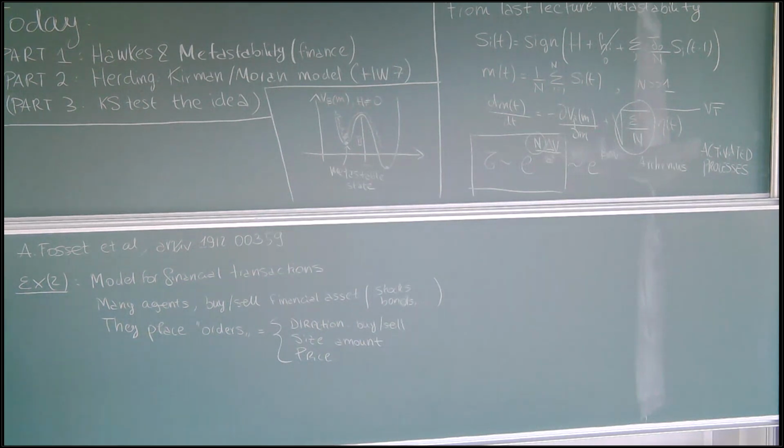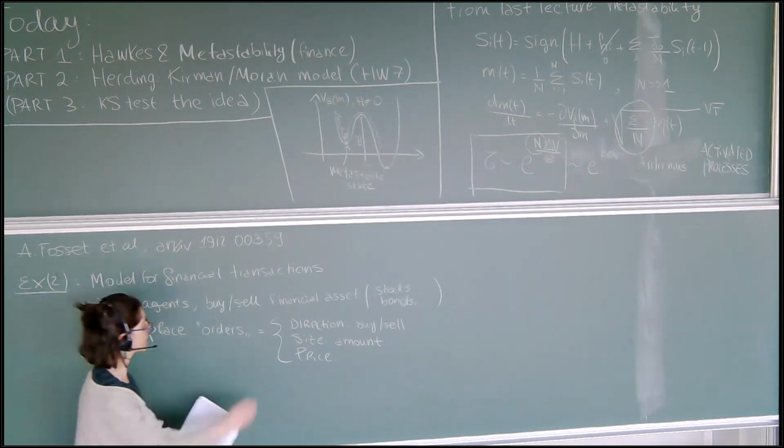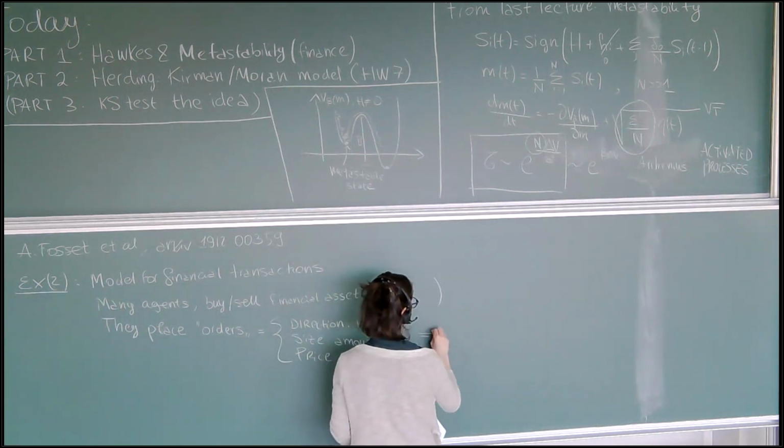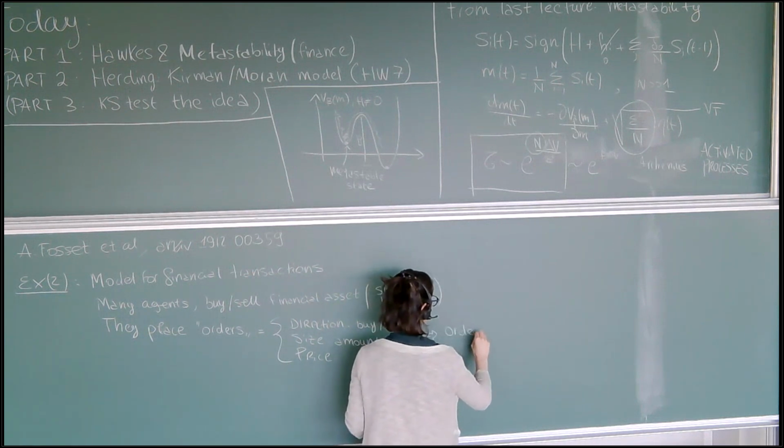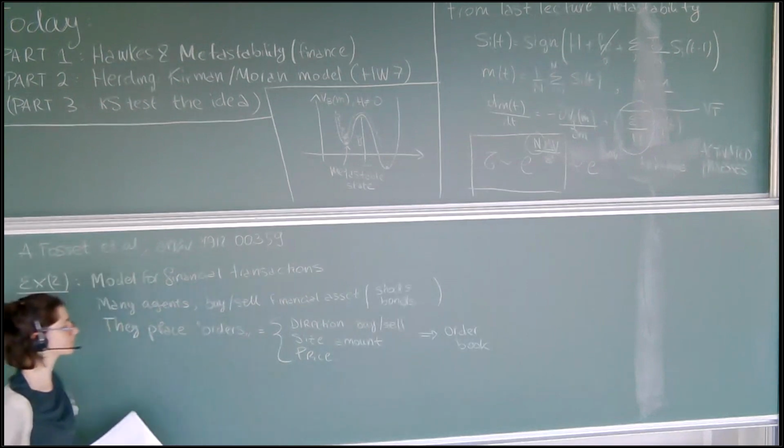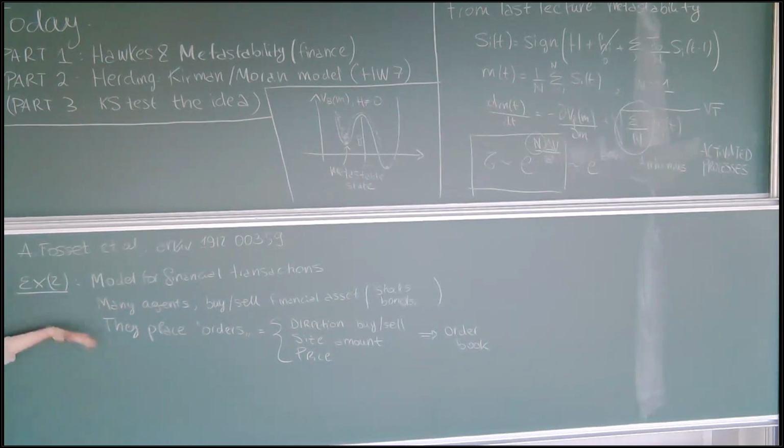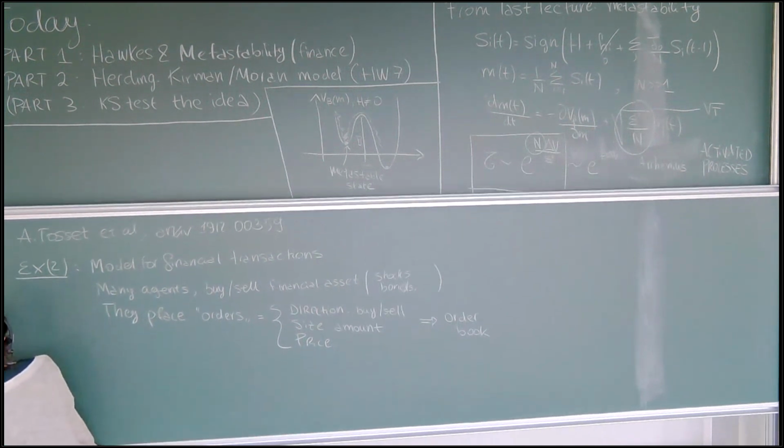So you place this order into the market, and all of these orders are collected into what people call an order book, which is just a collection of the intentions of all of the agents as we specified in here.